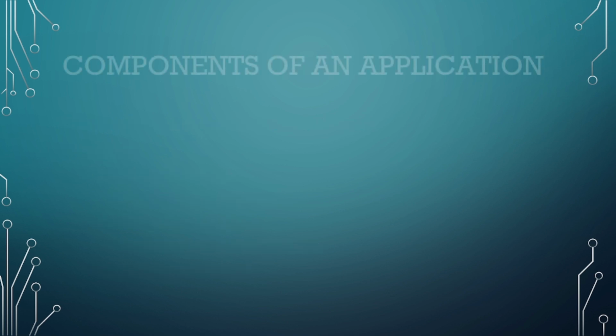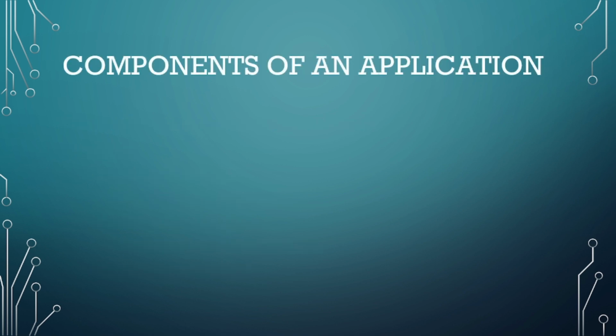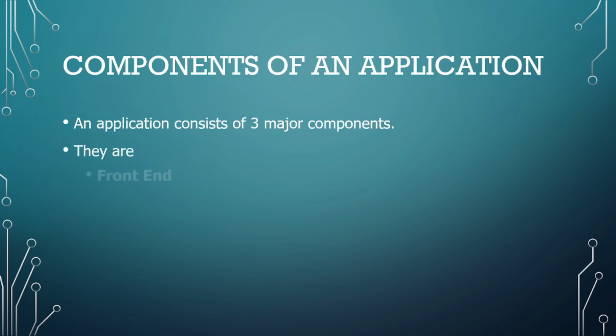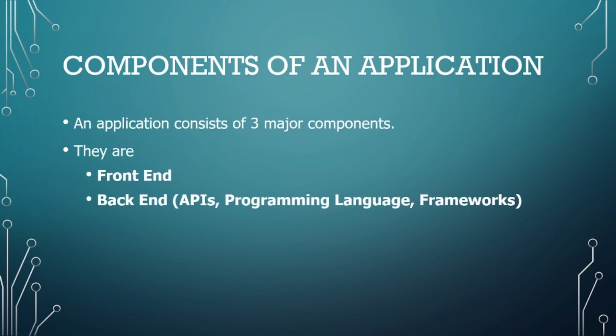Now let's talk about the components of an application. What components are available inside an application, and how do they communicate with each other? An application consists of three major components: front-end, back-end, and database.